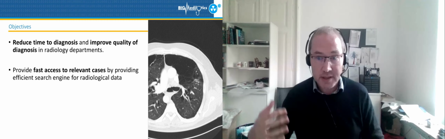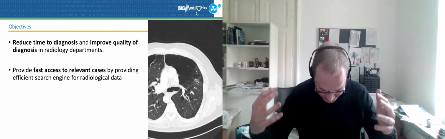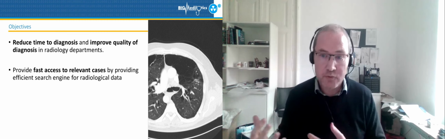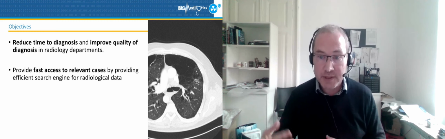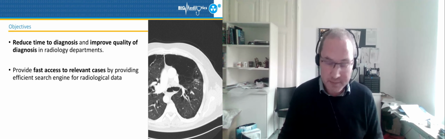And then like a search engine, it presents the most similar images. It can present the most similar patterns in those images and the patterns that occur most often. So that gives the radiologist a very good basis on which to come to a decision on the diagnosis and also the differential diagnoses.